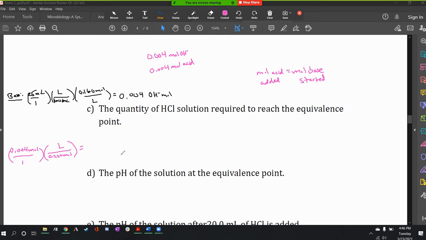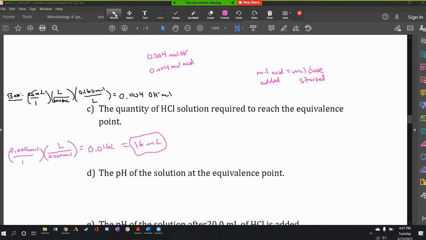So 0.004 divided by 0.25, and we get 0.016 liters. Kind of an ugly number, so better to show that in milliliters, so it'll be 16 milliliters. So that's how much of this acid solution we need to add to have added the exact amount of acid moles to neutralize the amount of base moles we started with.